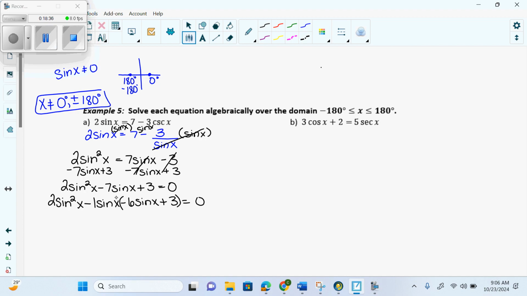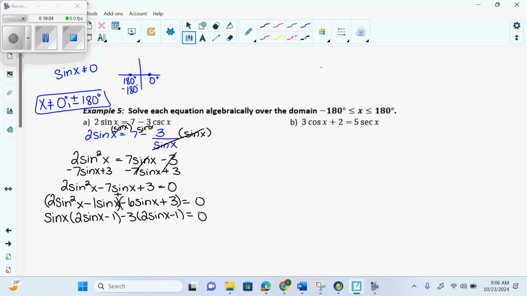Group. What can I take out of the first set of brackets? Sine x. So I'm left with 2 sine x minus 1. What can I take out of the second set of brackets? Negative 3. And I'm left with 2 sine x minus 1.